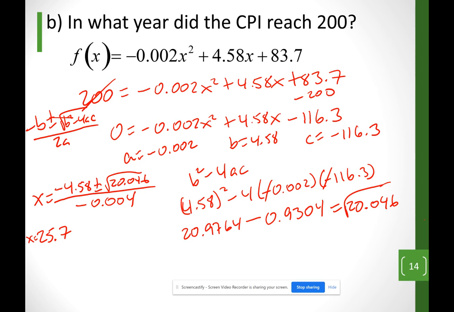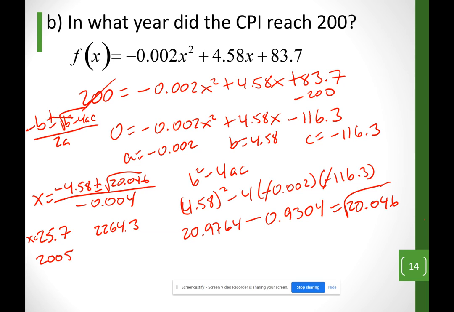When I use the minus sign, I get 2,264.3. Remember, this is going to estimate how many years after 1980. 25.7 means 1980 plus 25, so it happened in the year 2005.